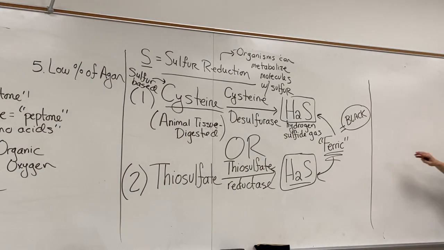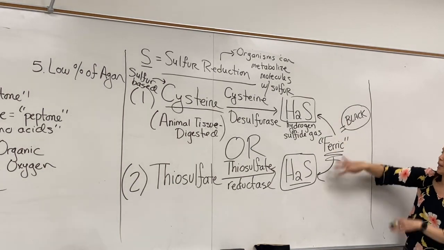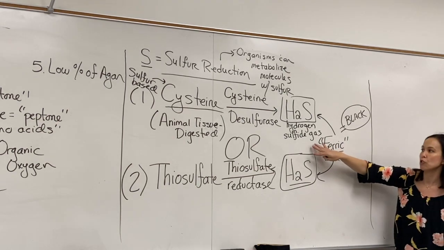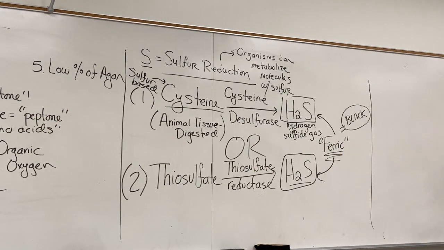Oh, maybe the other thing I'll add, so if you see the black, you won't necessarily know by just looking at it, like if it's option 1 or 2, if that makes sense. So if you get the black, you'll just know that, yeah, you have the hydrogen sulfide gas, but you won't be able to tell by just looking if it was the cysteine or thiosulfate.